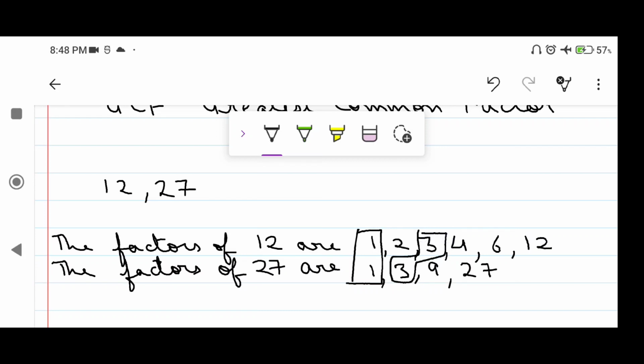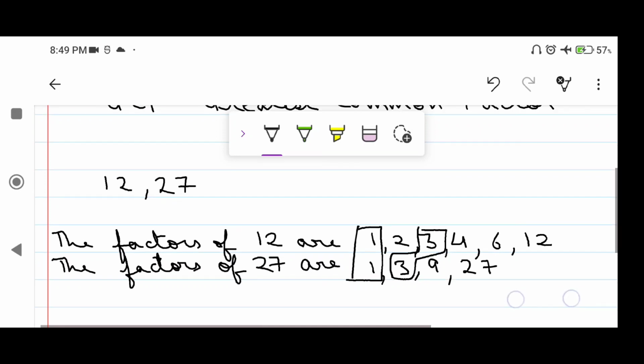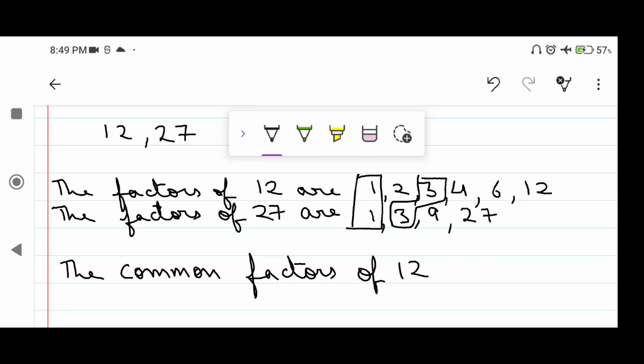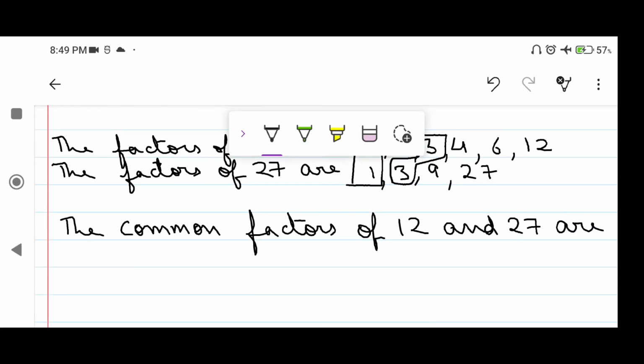So as you can see, there are two numbers which are common amongst the factors of 12 and the factors of 27, and these are 1 and 3. So we can write the common factors of 12 and 27 are 1 and 3.